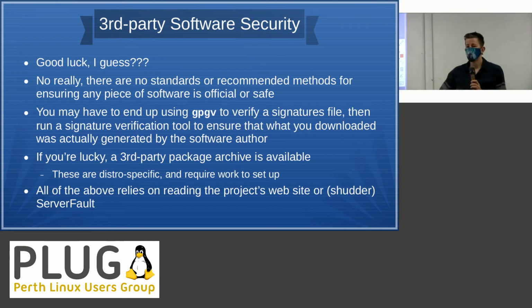So one of the ways you could do it is they could send you the software and a file that contains the MD5 signatures of all of the bits of software, and a signature file that is a cryptographic hash over the signatures file.